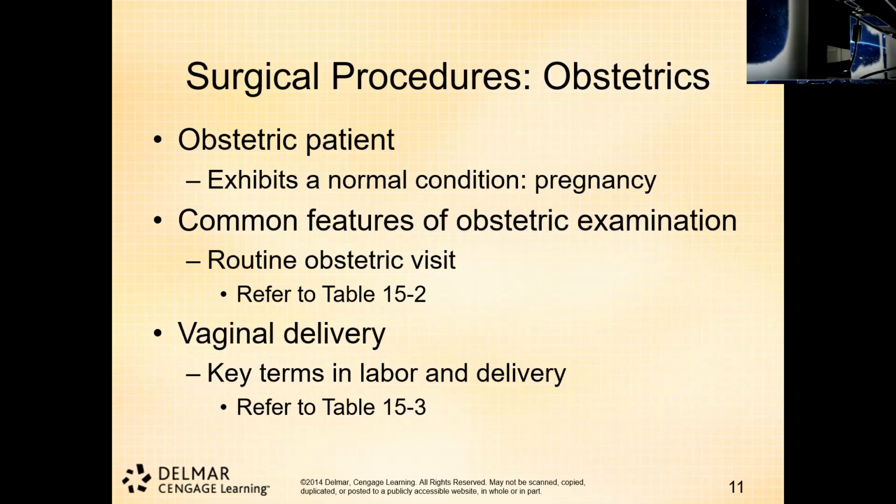Then the patient's body will transition onto stage 2, which completes the dilation of the cervix and terminates with the birth of the infant. So those are the first two stages.